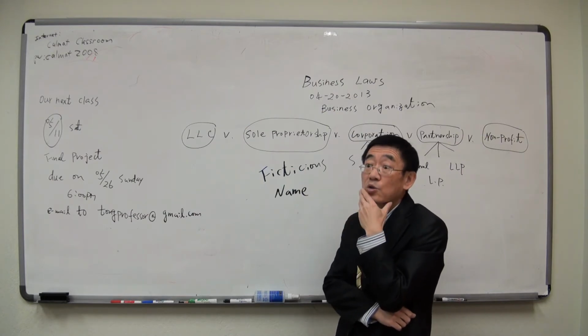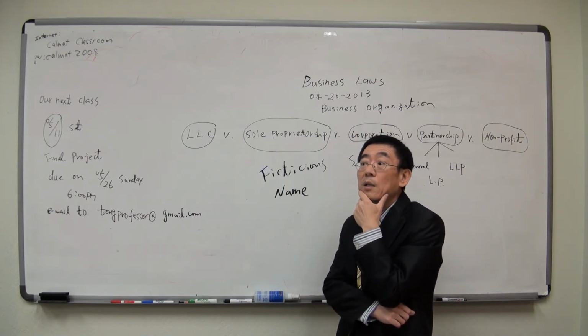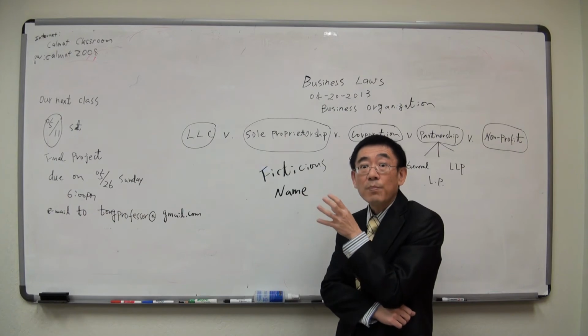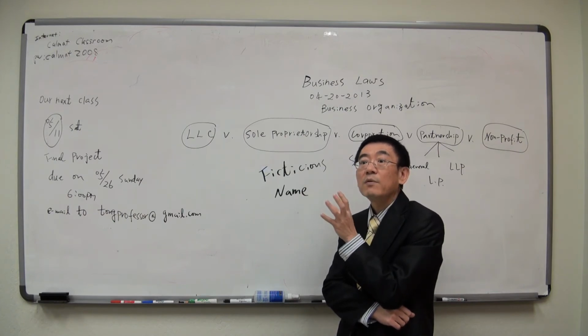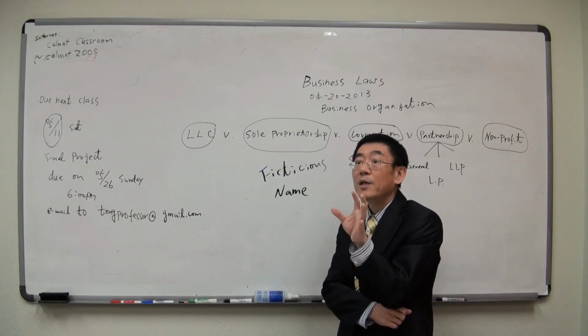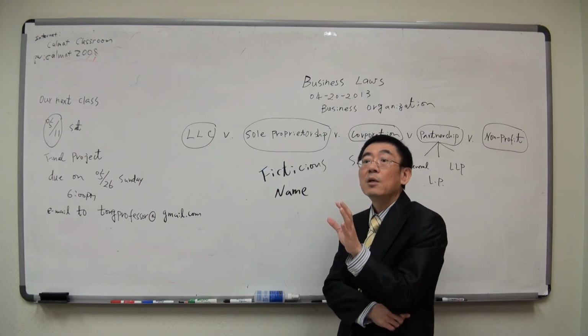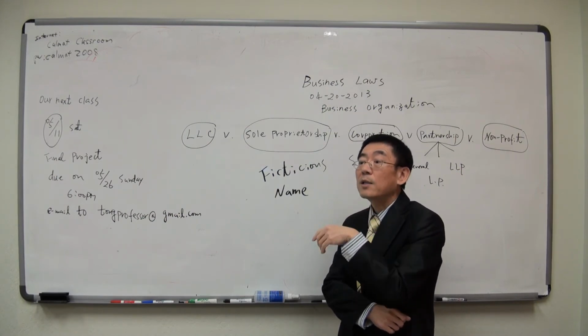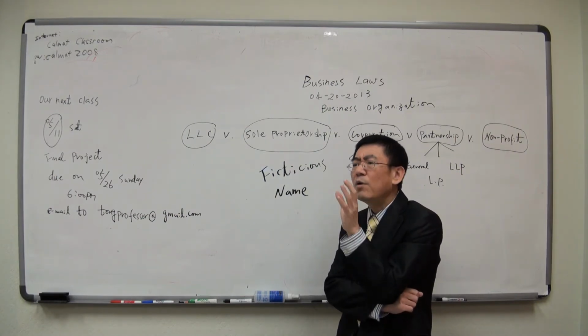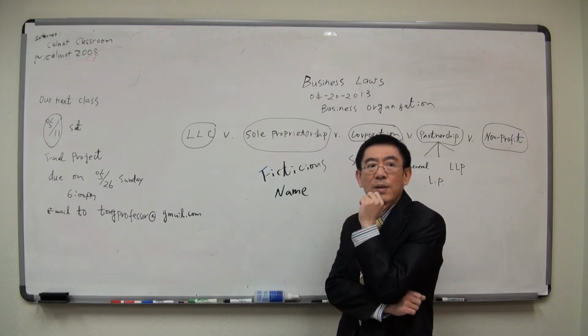We'll talk about that very soon. So starting your business as a sole proprietorship is very easy. You can start your business in 1 day with very, very little expense.